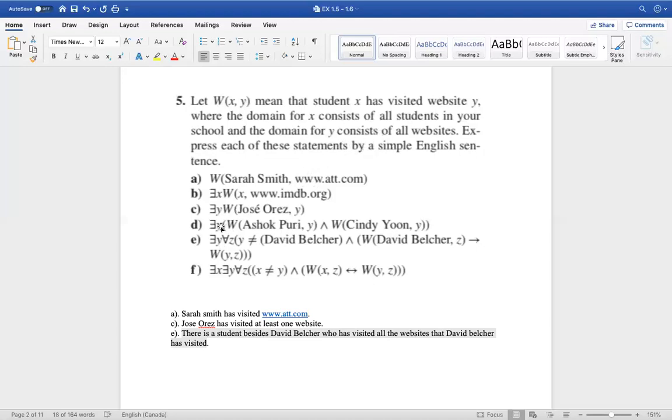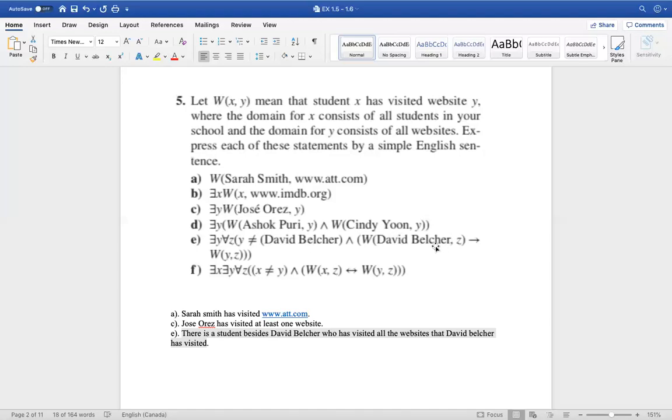So Y represents a website. We added this symbol, there exists a website, right? So whenever we use Y now, we are restricting ourselves: there exists a website. And then we are saying this David Belcher.